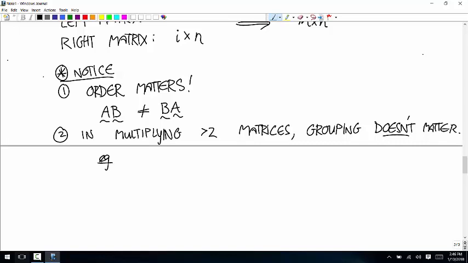So, for example, if you're multiplying A times B times C, you can do that calculation by first multiplying A and B, then multiplying the result times C. Or you can do it as A times the quantity B times C, and those give you the same answer. Any questions about that?